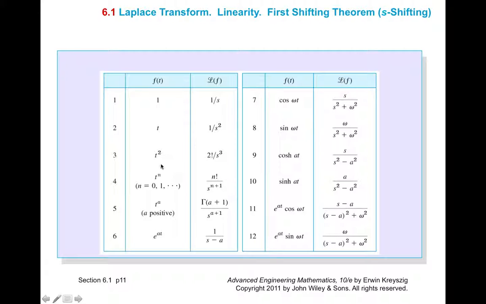So if we have t to the power n, then the transform is n factorial over s to the n plus 1. E to the at, which is a fairly common one, transforms into 1 over s minus a. Sine, cosine, hyperbolic cosine and sine, and exponentially damped sine and cosine are all given here.